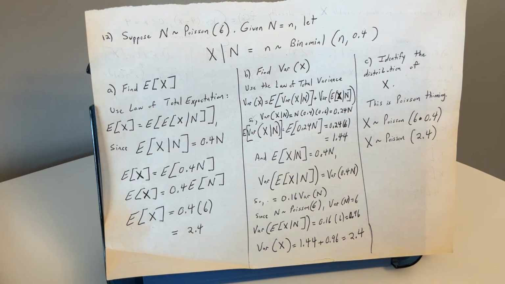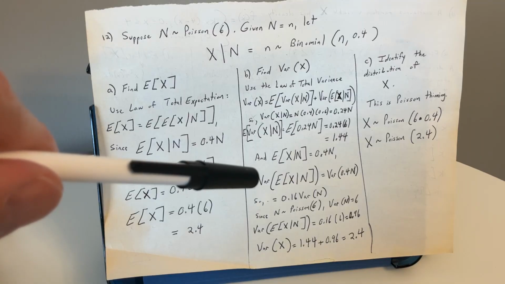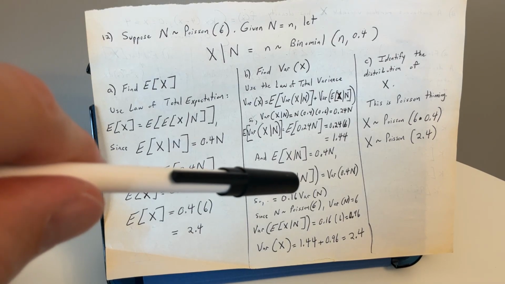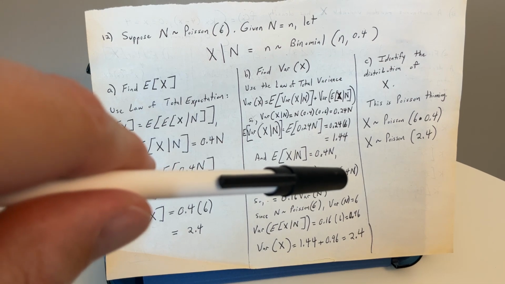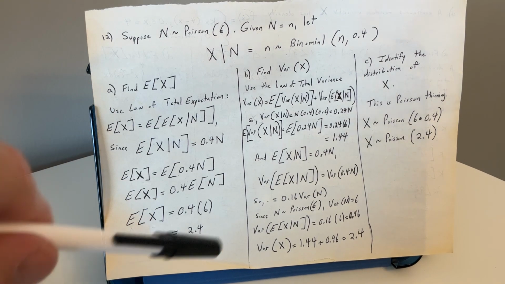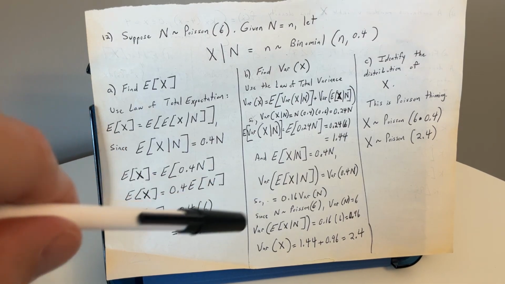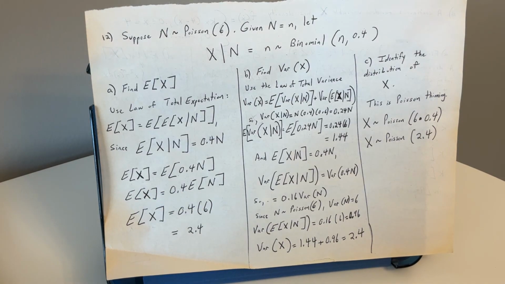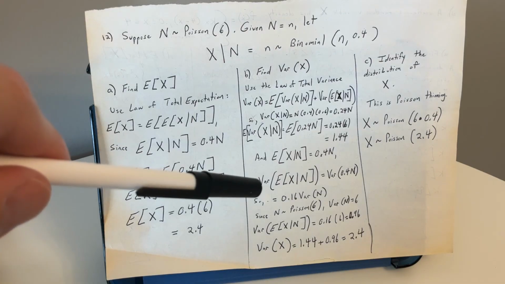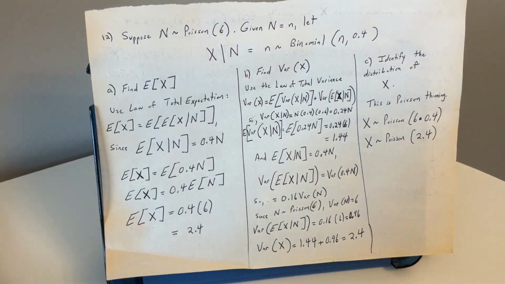So now the expected value of X given N is 0.4n. So the variance of the expected value of X given N is equal to the variance of 0.4n, so 0.16 times the variance of N. Since N is distributed as Poisson of 6, the variance of N is 6.